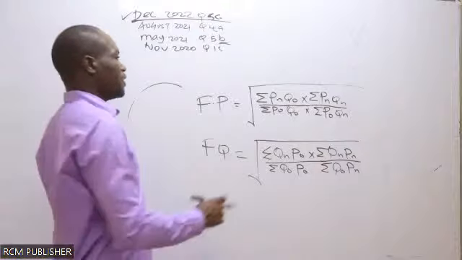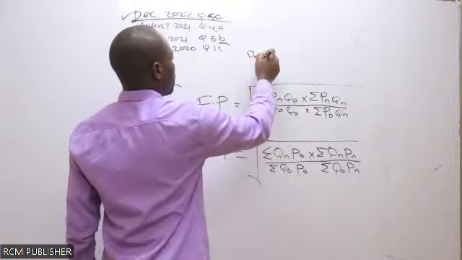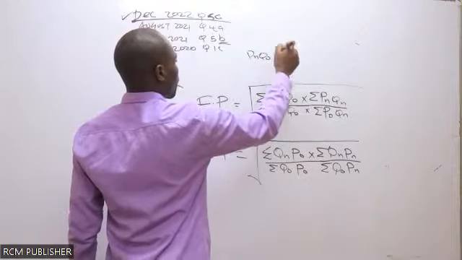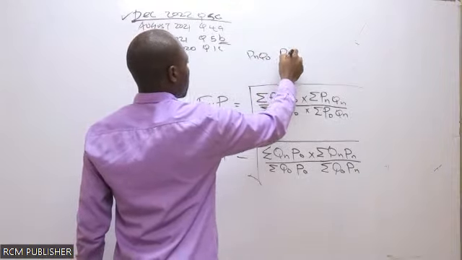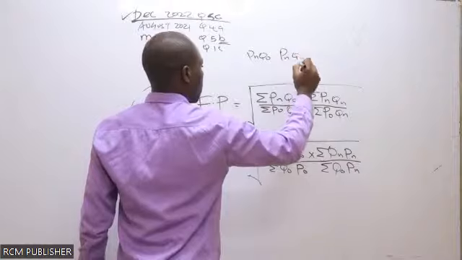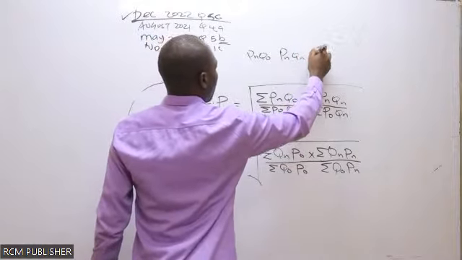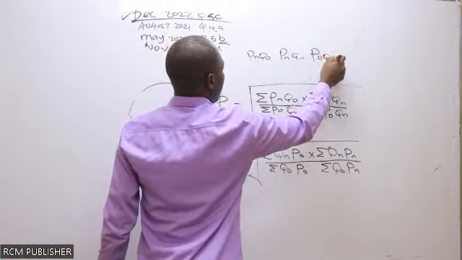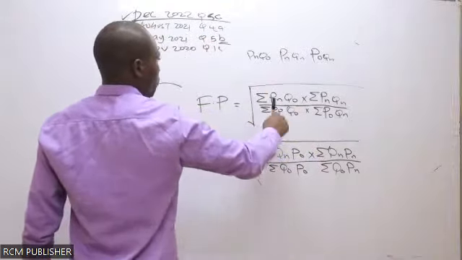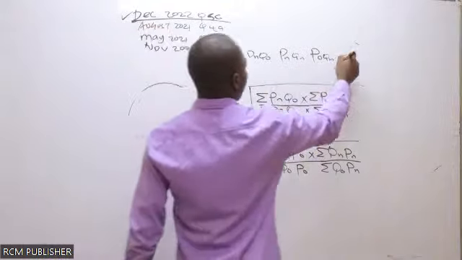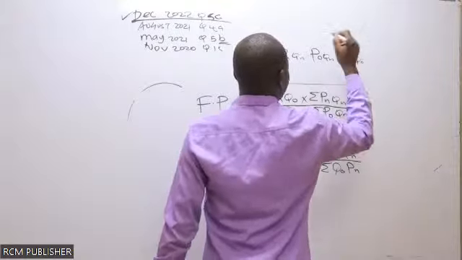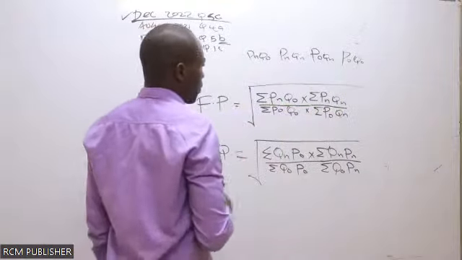So what you need to have is these columns: Pn Q0, Pn Qn, P0 Qn, P0 Q0. Yes, so we have P0 Q0. You need to have them.